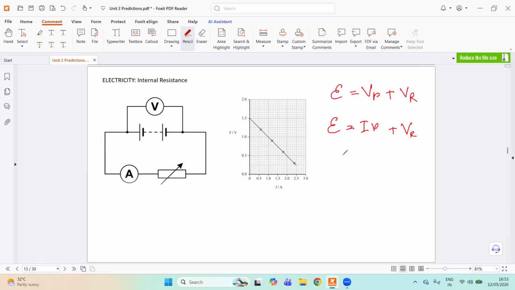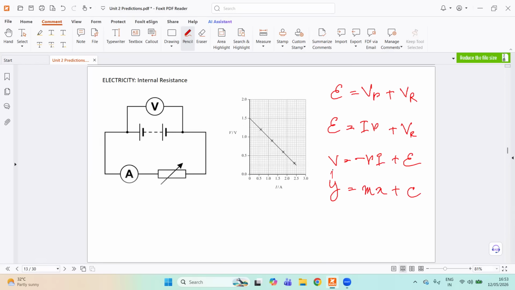So if I make V the subject of the equation, V is equal to, bring this to the other side, minus Ir, and if I flip the positions, minus rI plus EMF, and guess what? This is in the form y equals mx plus c.